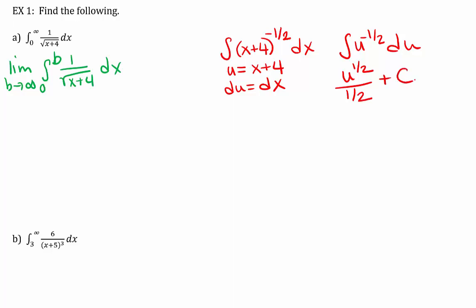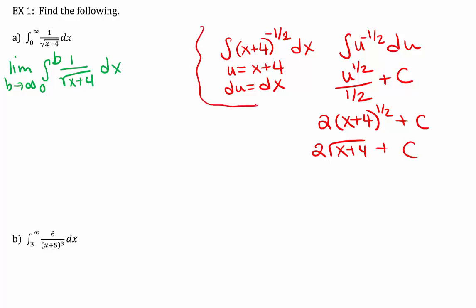I won't need it when I evaluate my integral though. Dividing by a fraction is the same as multiplying by its reciprocal, so this is 2, and u was x plus 4, so 2 times (x plus 4) to the 1/2 plus c, or 2 square roots of x plus 4 plus c. Okay, so that's my antiderivative.